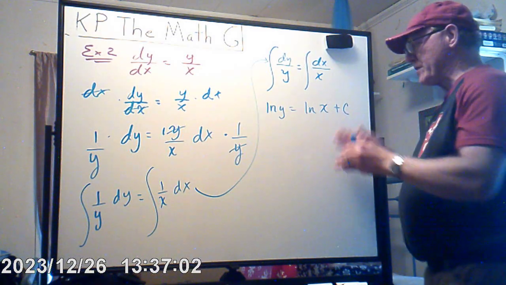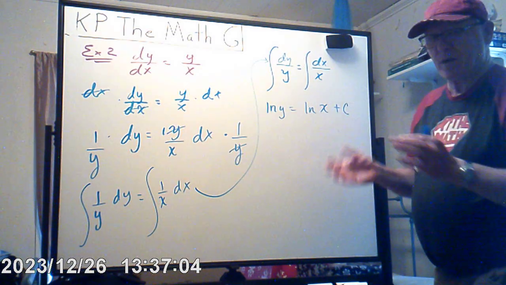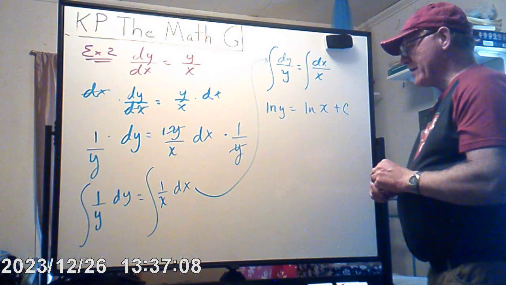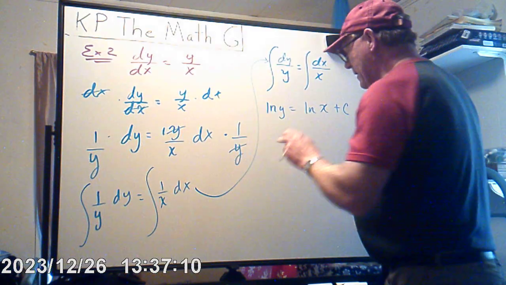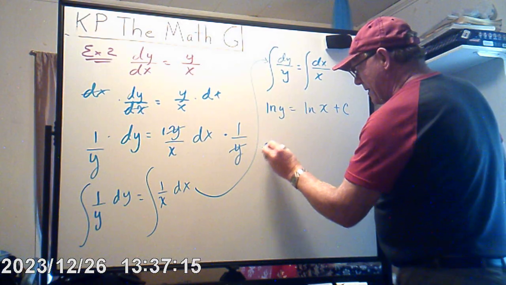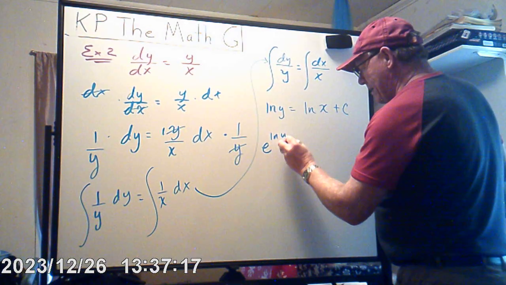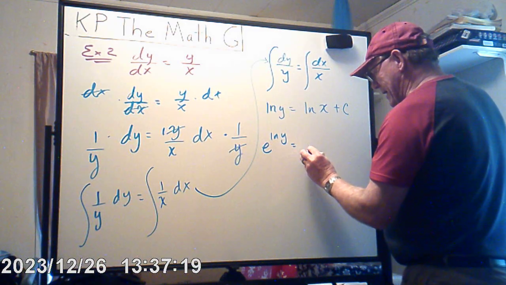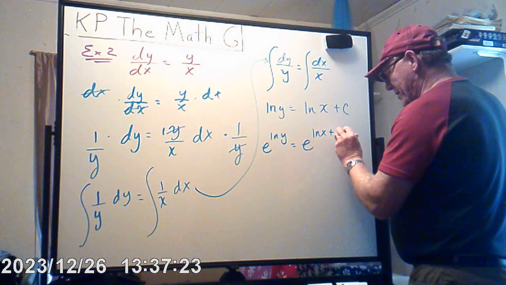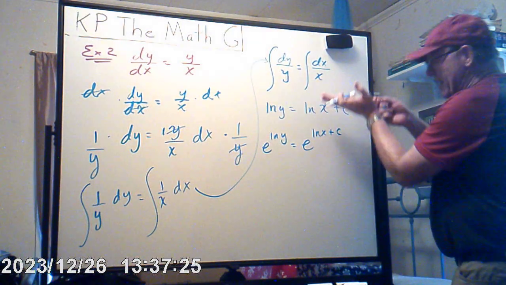Tell your students to put that plus c in there, and that's what I'm telling you also. Don't forget that. So here we go. How do you get rid of ln? How do you get this y by itself? Well, e to the ln y is equal to e to the ln x plus c. Raise everything up.